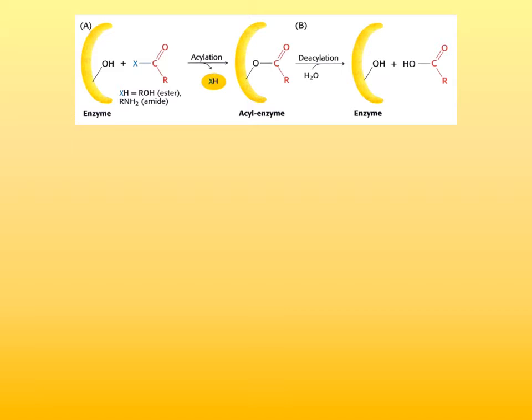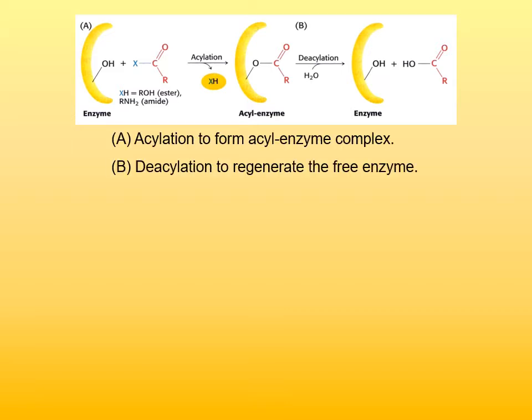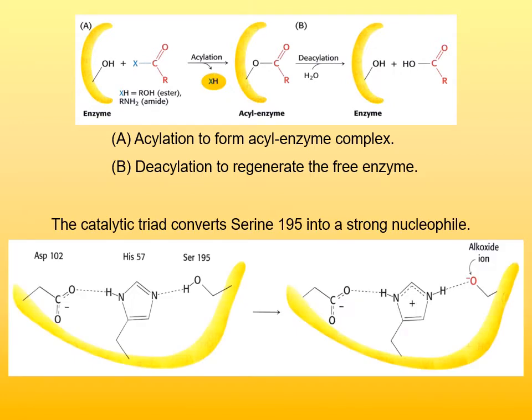So acylation forms the enzyme-substrate complex, or acyl-enzyme complex. And the second step, shown here as B, is deacylation to regenerate free enzyme. So the carboxylic acid leaves and the free enzyme is regenerated and can participate in the next catalytic step. So these are the two steps listed here.